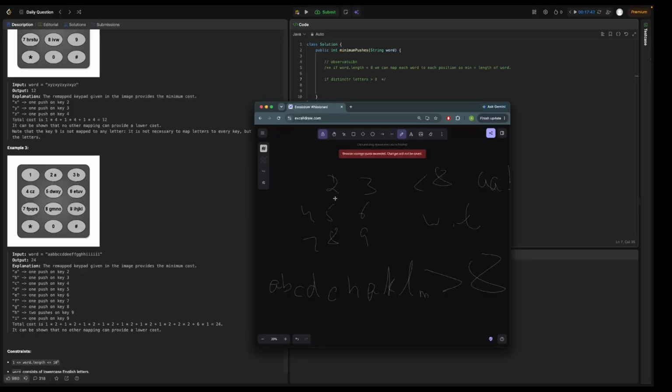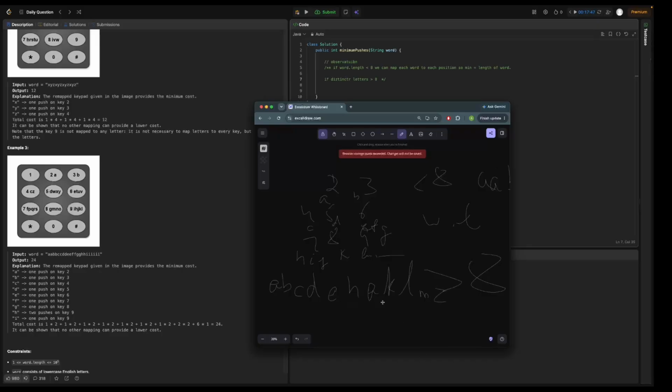So essentially, do I need A, B, C, D, E? So I have A here, B, C, D, E, F. The F is missing. I also have a G here, H, I, J here, K, L, M, and then all the rest, right? There's a Z here.